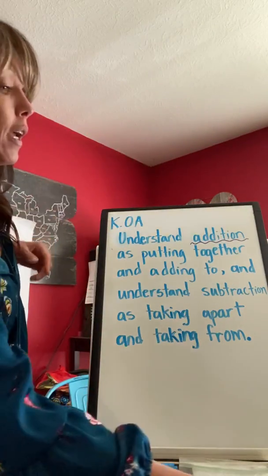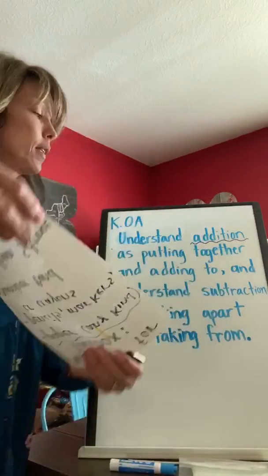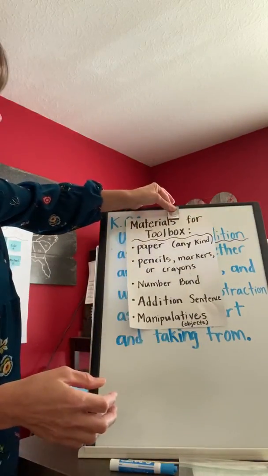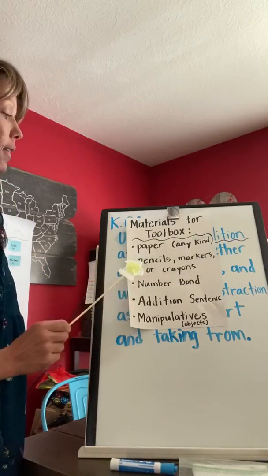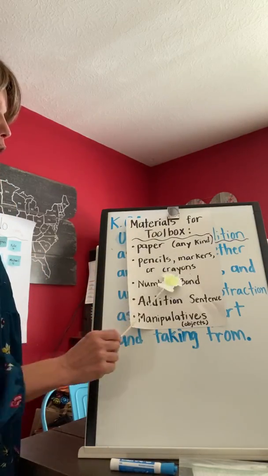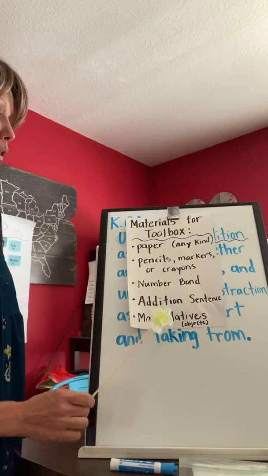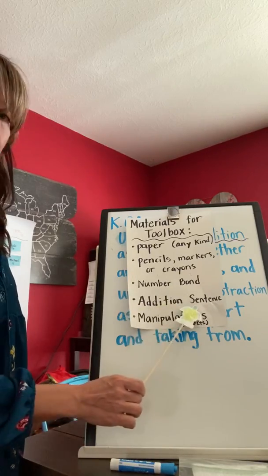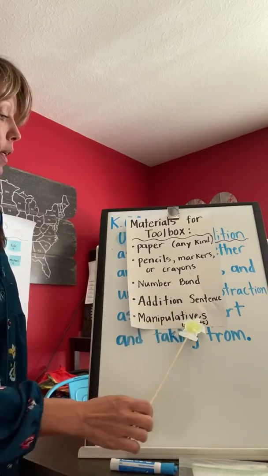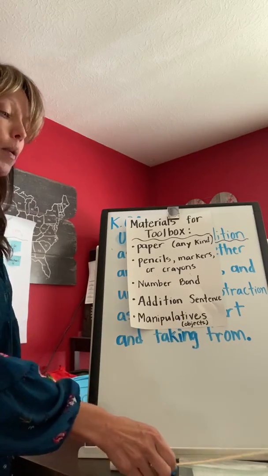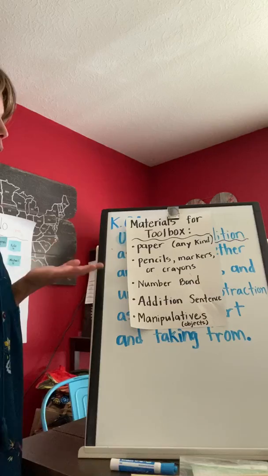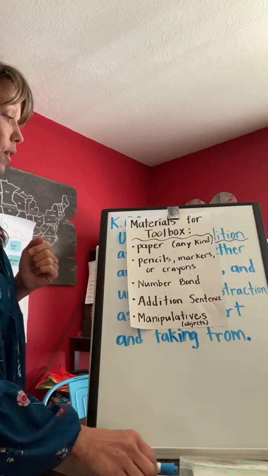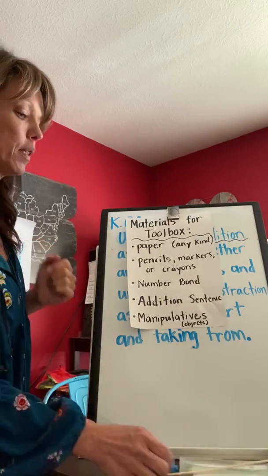All right, so yesterday we made our math toolbox, and I'm just going to remind you what is inside of it. Inside our math toolbox, we have paper of any kind, pencils, markers, or crayons, a number bond, which we made together, an addition sentence, which we made together, and manipulatives or little objects to help us count. Today, what you are going to need from your toolbox is a piece of paper.